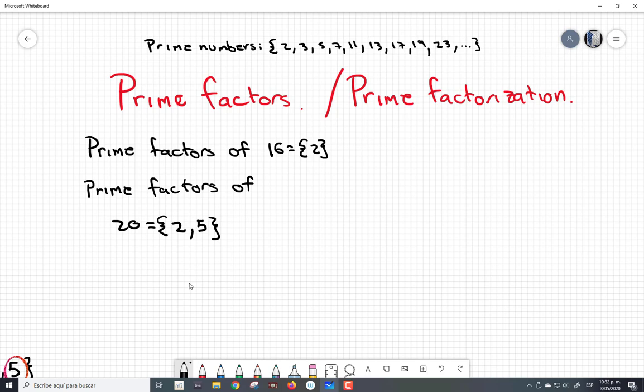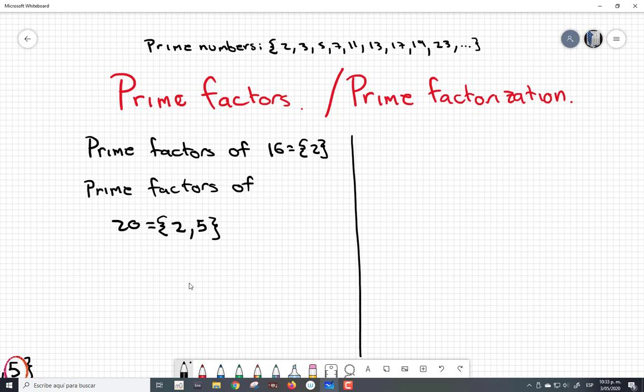But now we are going to talk about the prime factorization, because every natural number can be expressed or represented as a unique multiplication of only prime numbers.